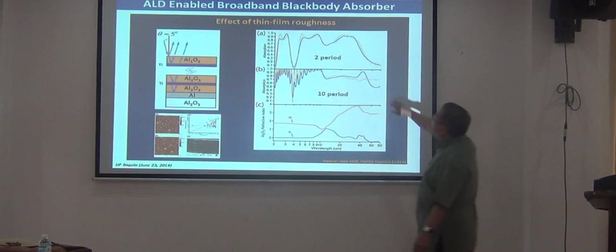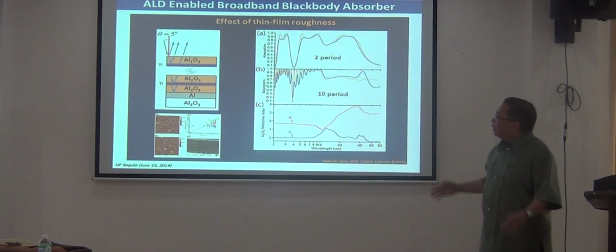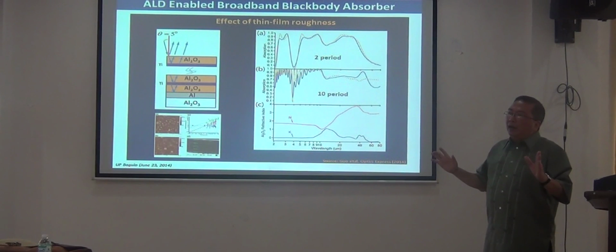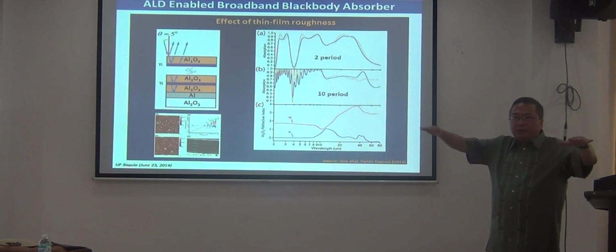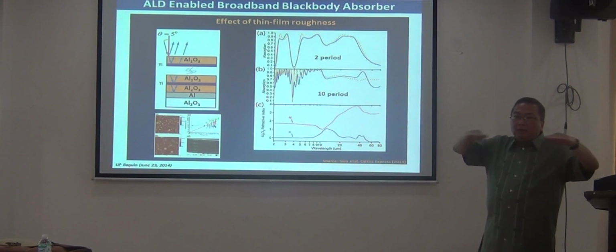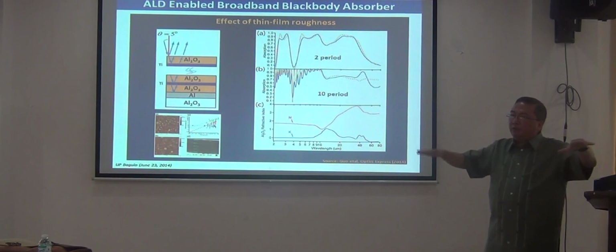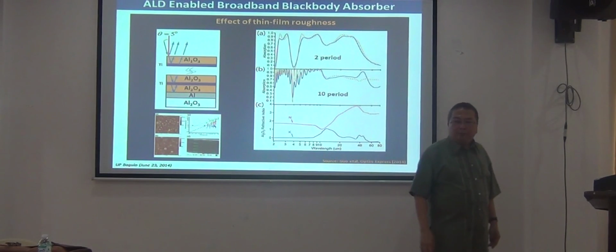As you can see, there's a really very good agreement. So the bottom line is that ALD, because of its capability to control the deposition at the atomic scale, led to the deposition of very good smooth films, which was critical in making this black body absorber.